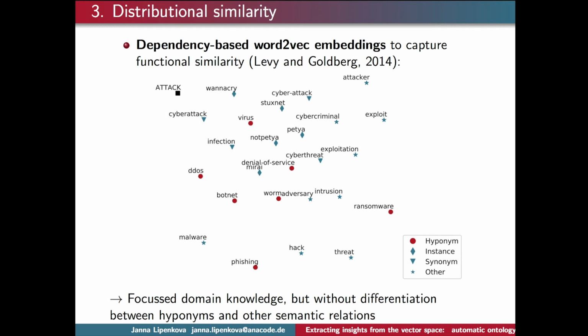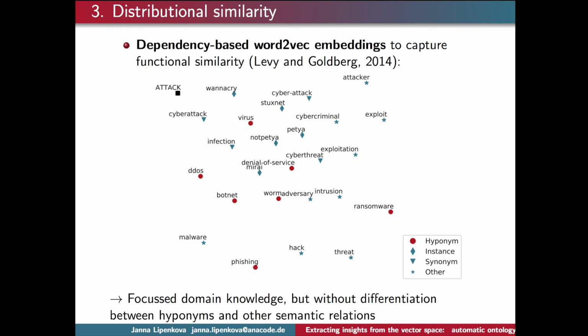And it also does capture a lot of the instances of attacks, such as WannaCry, Stuxnet, Petya, and so on. So this is already, the recall is already quite good, even from a manual perspective. So this kind of chart is actually very helpful for constructing ontologies.